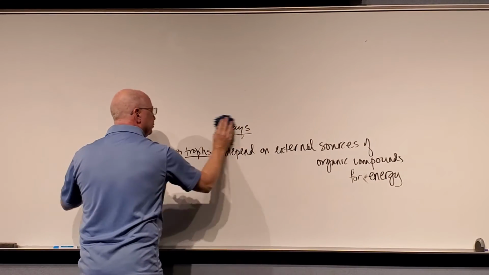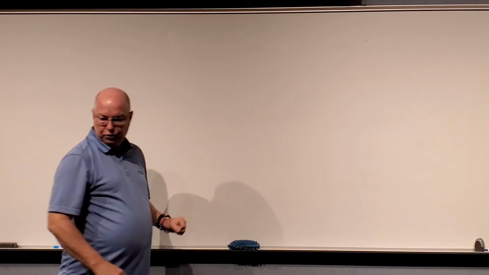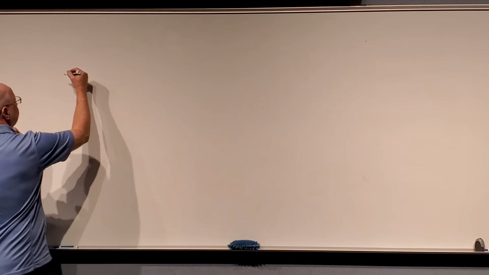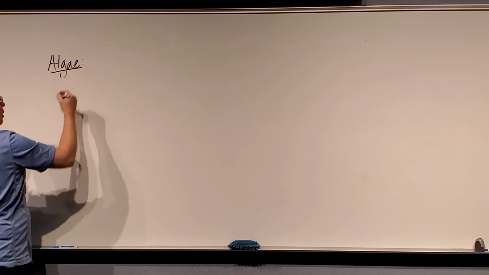Now, the next type of microbe that we can talk about is going to be called algae. So algae are a type of microbe. When you see algae growing on a rock or on the base of a river or stream, then you'll know what we're talking about.